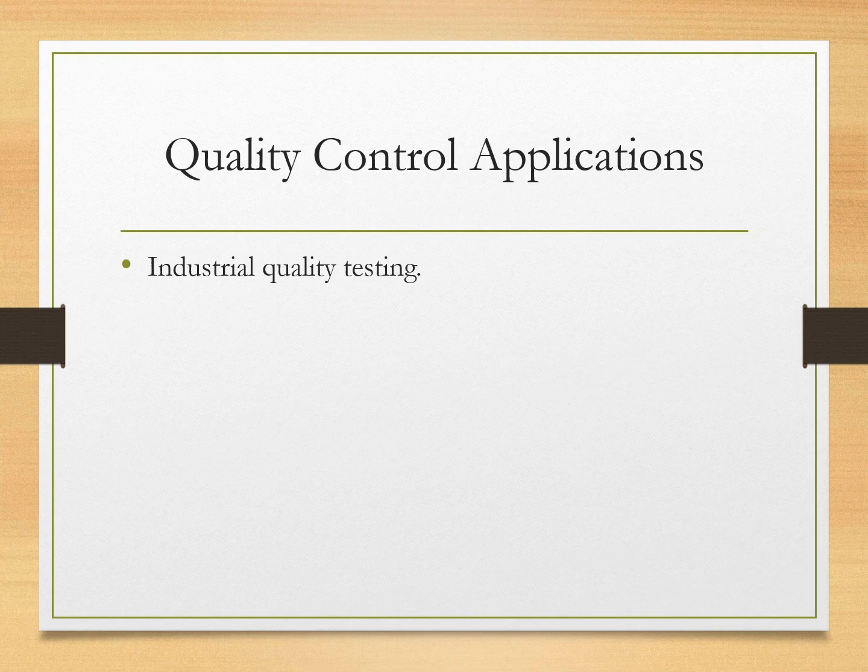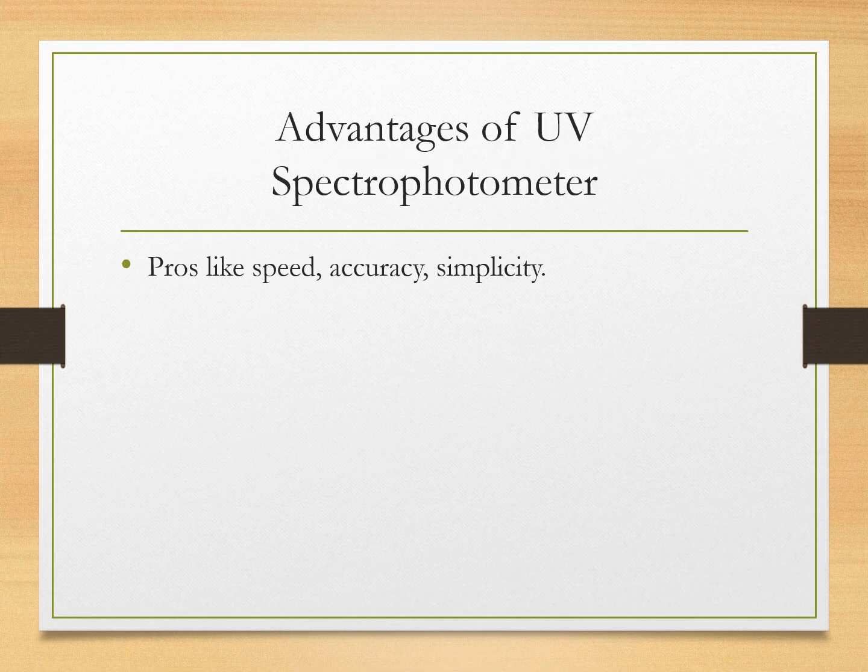Industries use UV visible for batch purity, stability studies and concentration validation. Advantages of the UV spectrophotometer include high accuracy, fast results, simple sample preparation, low cost and non-destructive analysis.